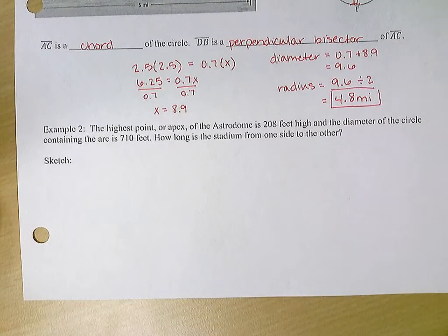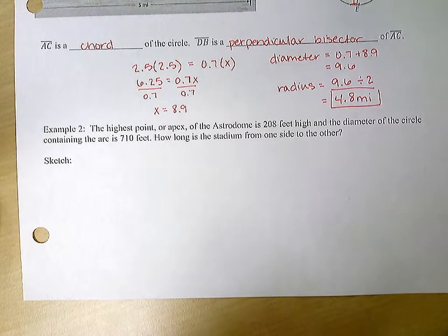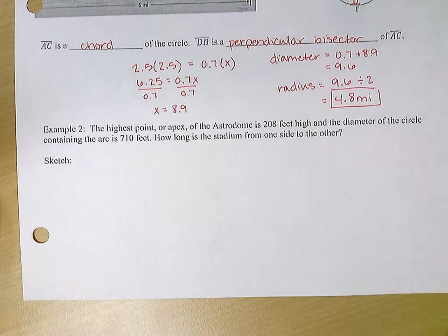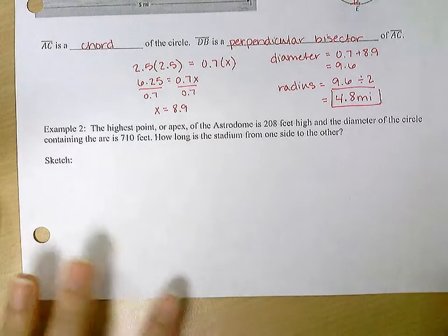All right, then example 2 says the highest point or apex of the Astrodome is 208 feet high and the diameter of the circle containing the arc is 710 feet. We want to figure out how long the stadium is from one side to the other. So it's very similar to our rainbow problem above.